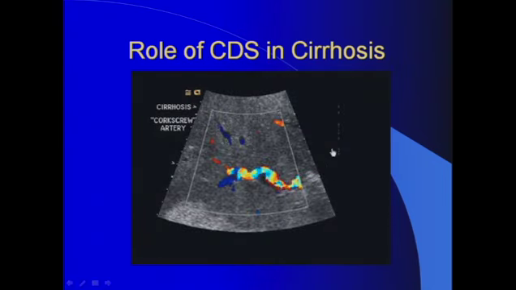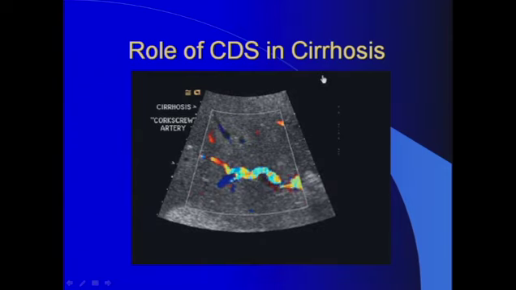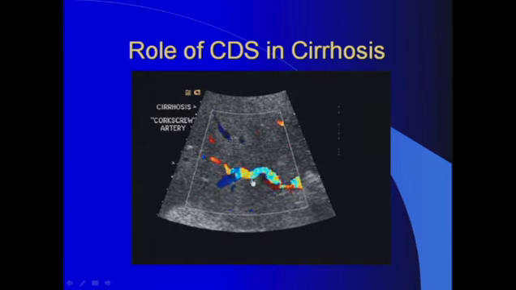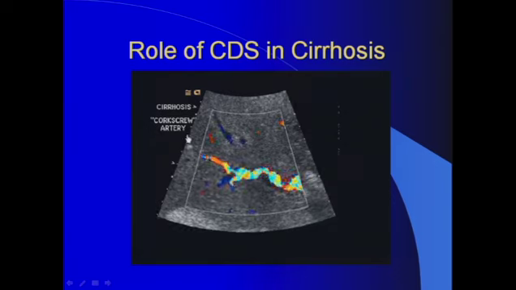Another example of changes encountered with color Doppler in cirrhotic patients: in this instance, you can see how the hepatic artery is big and tortuous, what we call the corkscrew artery, that tells you there is definitely a significant increase in the arterial flow into the liver.